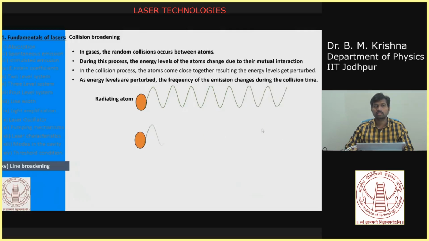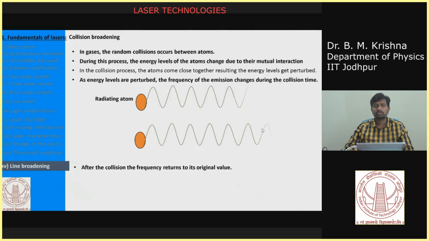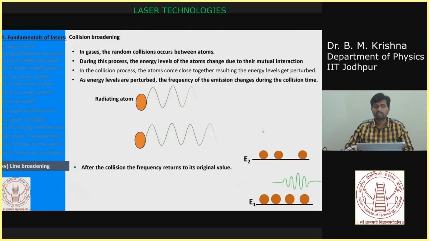Now if you consider the energy values, E1 and E2 are two energy states. The gap between E1 and E2 gives your radiation. When the emitting atom decays to the ground state, it emits the photon.